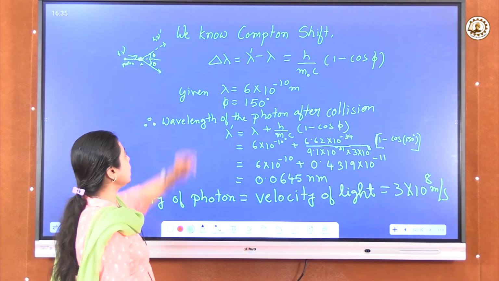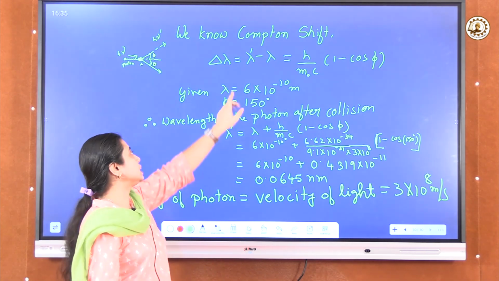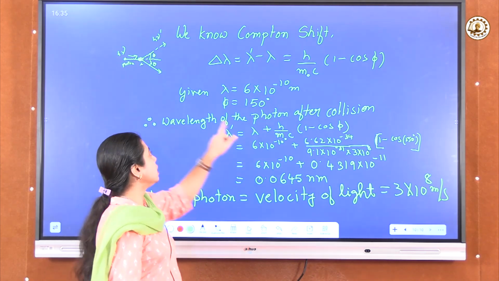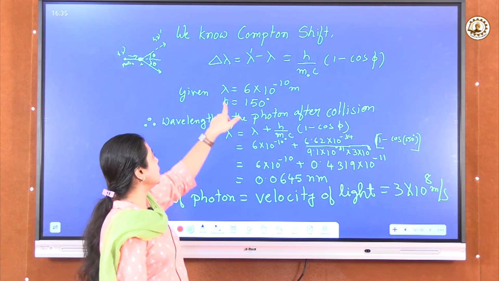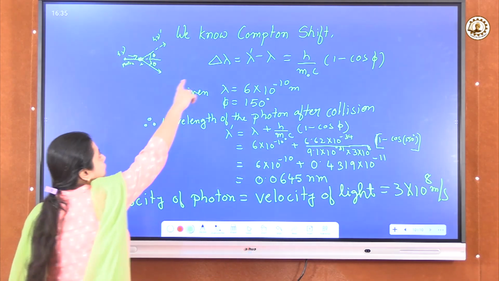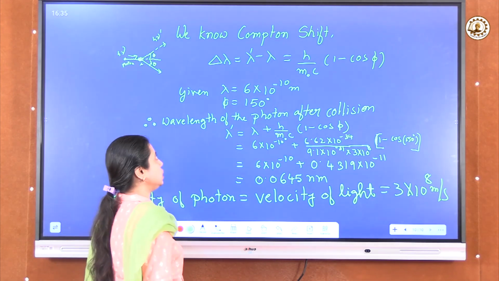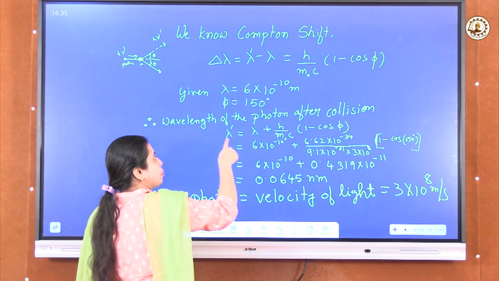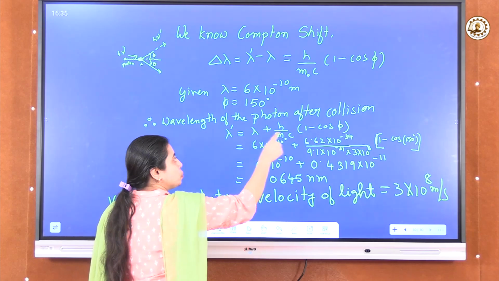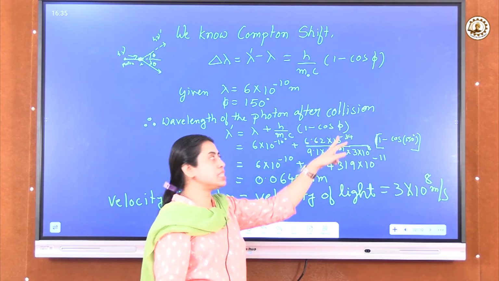Now given in the question, the wavelength of the photon before collision is 6 into 10 to the power minus 10 meter, and the angle at which it gets scattered is 150 degrees. From this relation, we can calculate the wavelength of the photon after collision, meaning lambda prime equals lambda plus h by m0c into 1 minus cos phi.